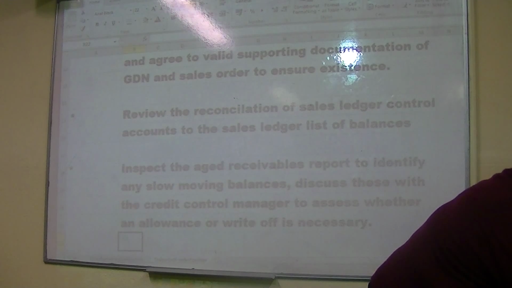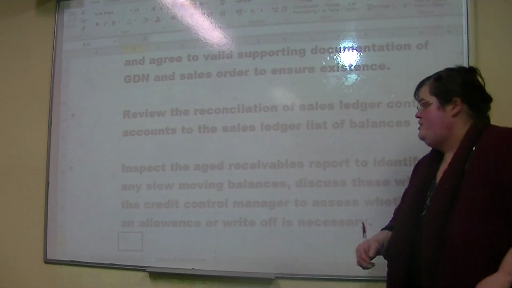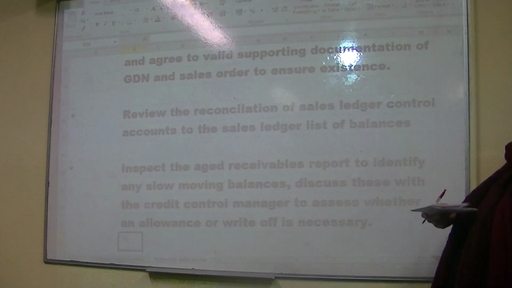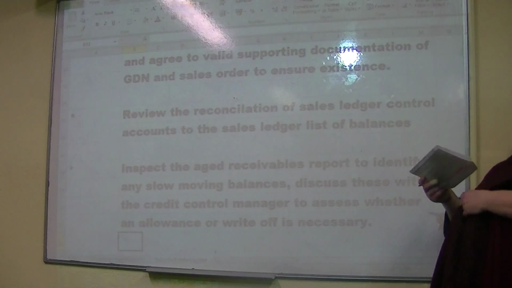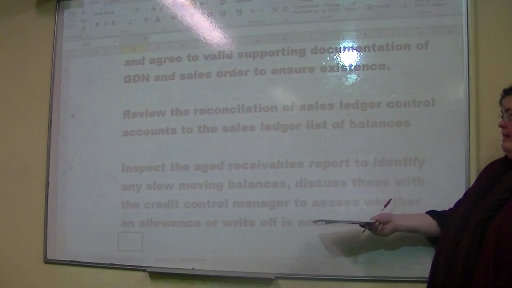So we're not just looking at the balances, we're looking at the aged receivables report to identify any slow-moving balances. Discuss it with the credit control manager to assess whether an allowance or a write-off is necessary. So like a bad debt allowance, bad debt write-off.